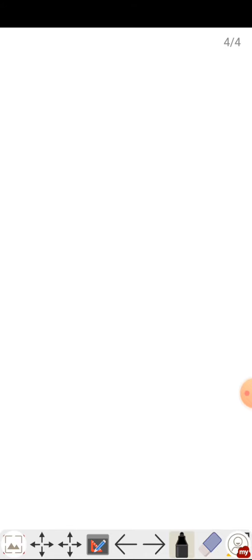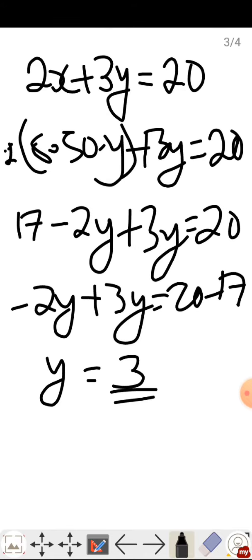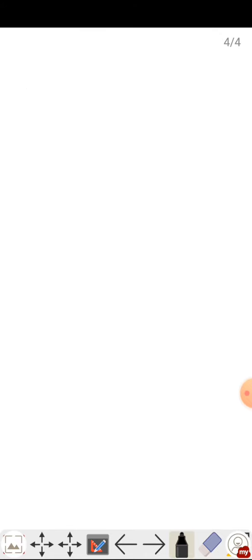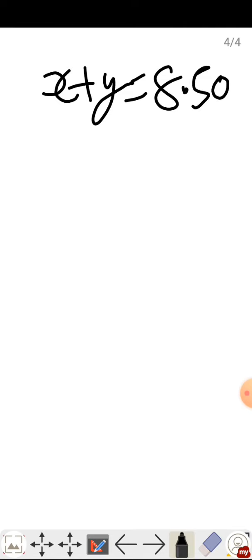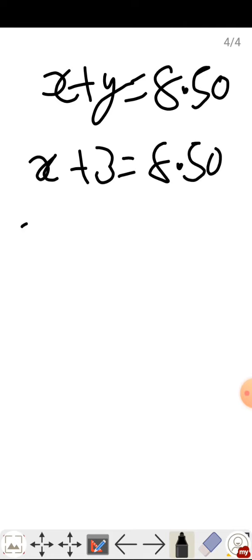Any of the two equations to find the value of x. In this case, I'll choose the easier one, x plus y equals 8.50. So now x plus y, where y is 3, equals 8.50. So x is, the 3 goes to the other side, it becomes negative.